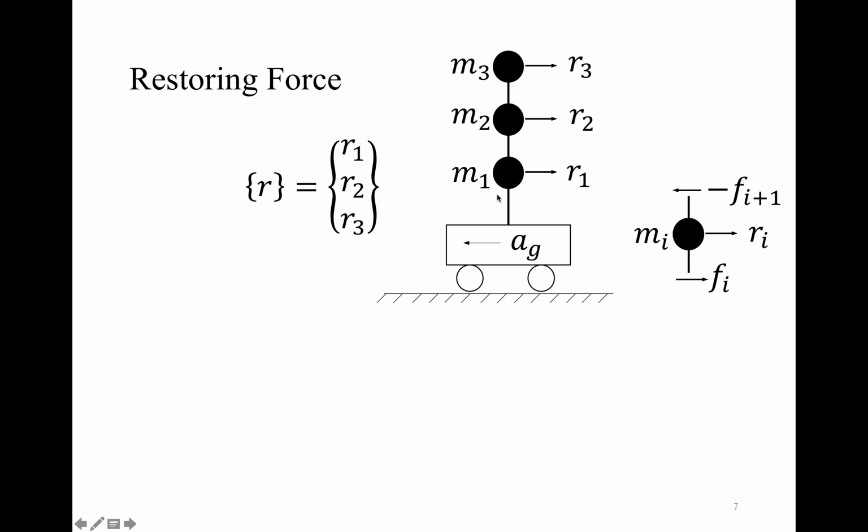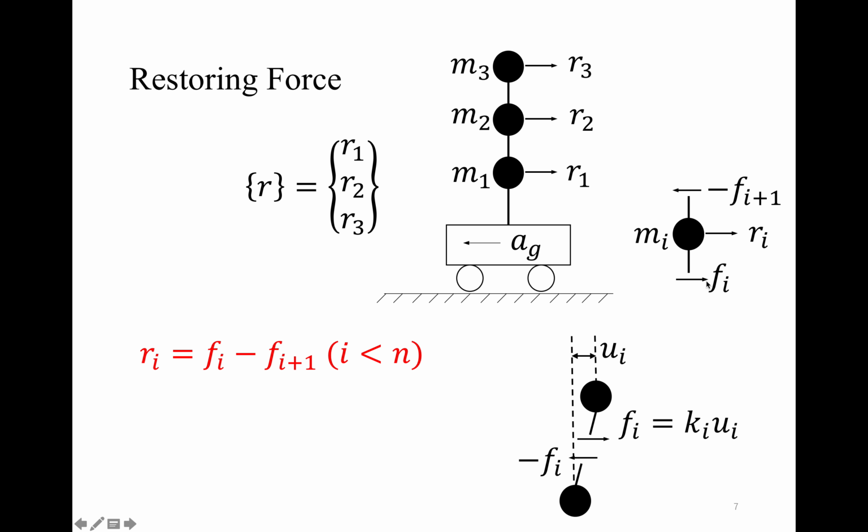In the middle floors, for each floor, there are two forces acting on the mass, right? For the mass i, with mass mi, Ri equals the force in that direction in the underfloor spring and the force on the other side, the upper floor spring.